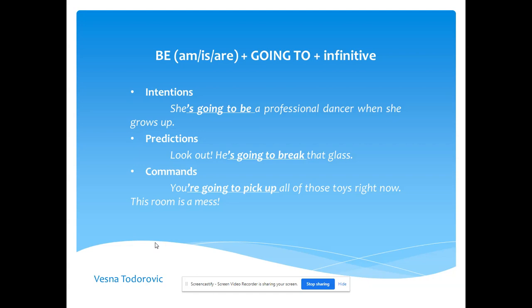Look out, he's going to break that glass. Or take a look at these clouds, it's going to rain. And we can also express commands by using this structure, by saying, for example, you're going to pick up all of those toys right now. This room is a mess.